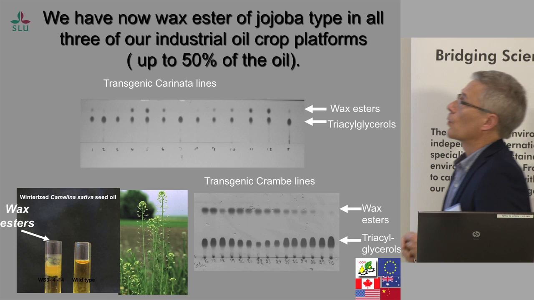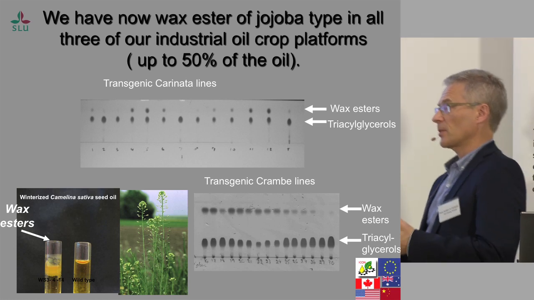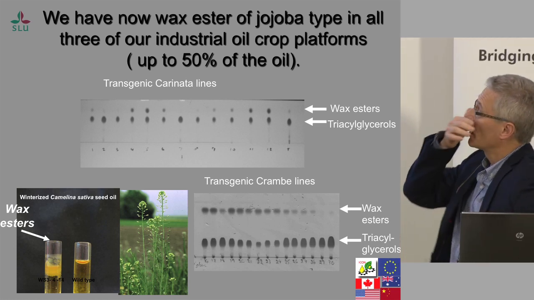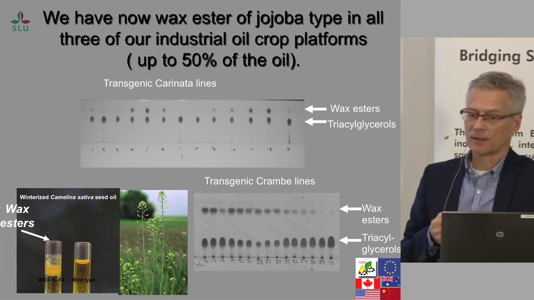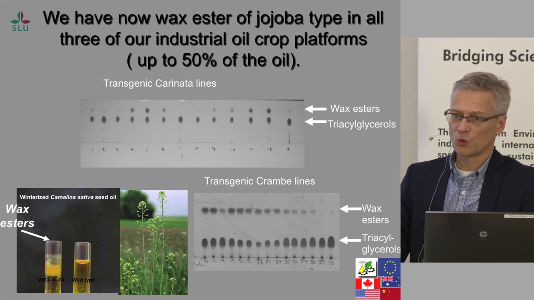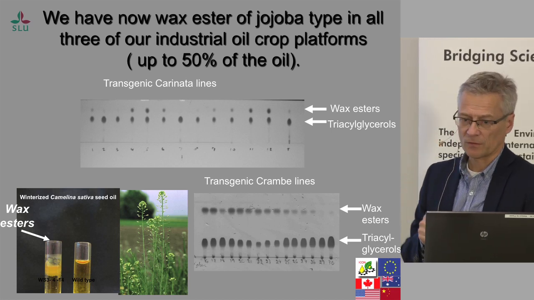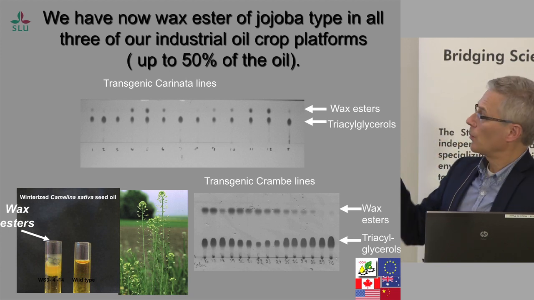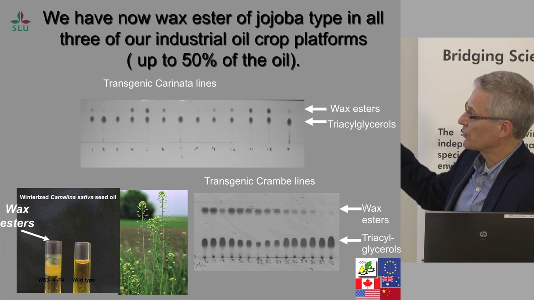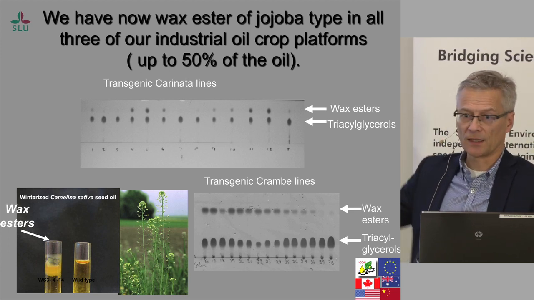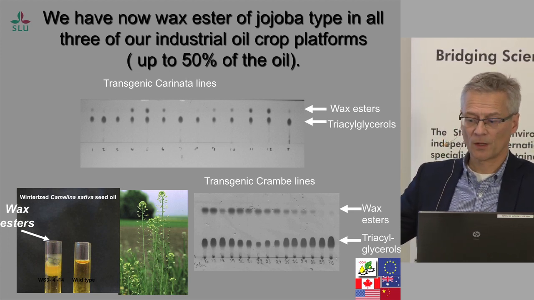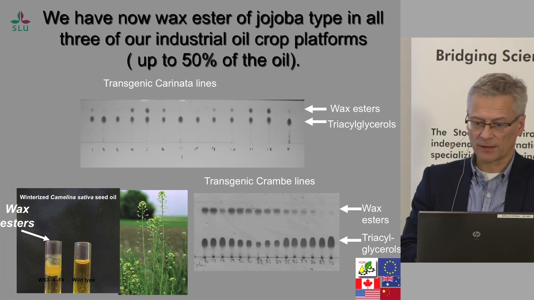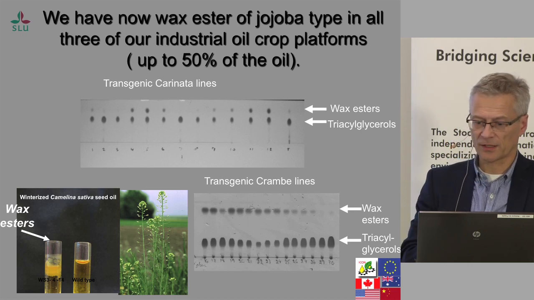So, out of this, after a couple of years, the result was this jojoba-type quality of oil. They were able to show that they could produce that in all of the 3 crops. If you see here, these are carinata.